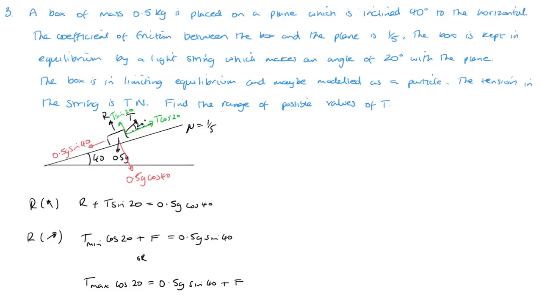Okay, so there's two kind of options there. Now the friction is mu R, so I'll just replace it by mu R, and actually mu is 1/5, so 0.2 R in both these cases, and R up here is 0.5 G cos 40 minus T sine 20.